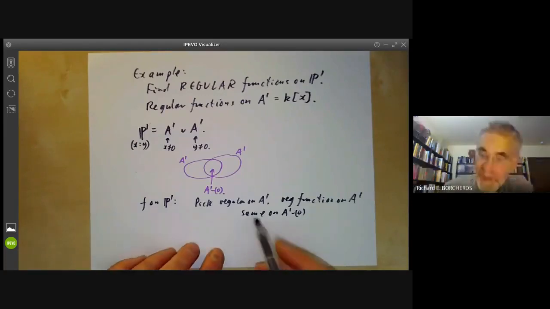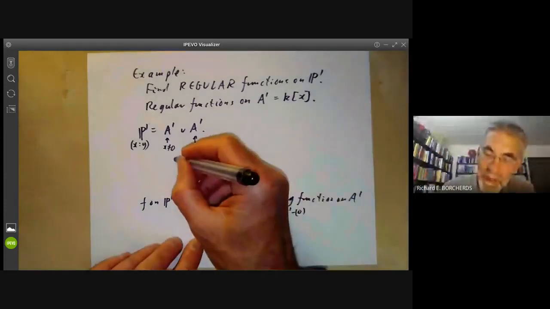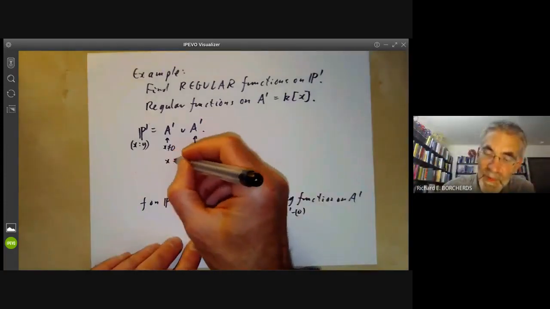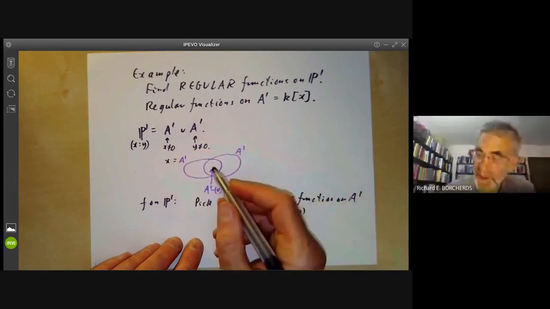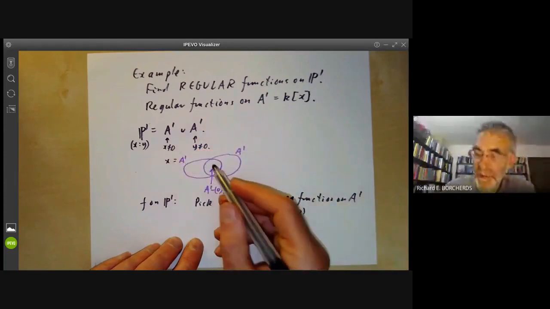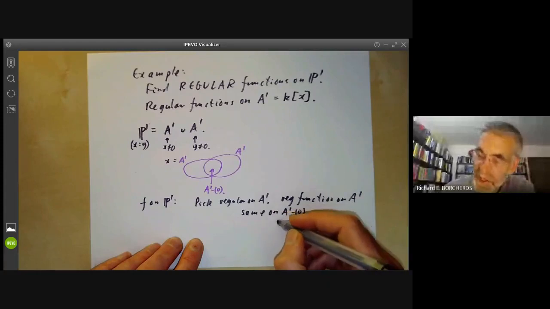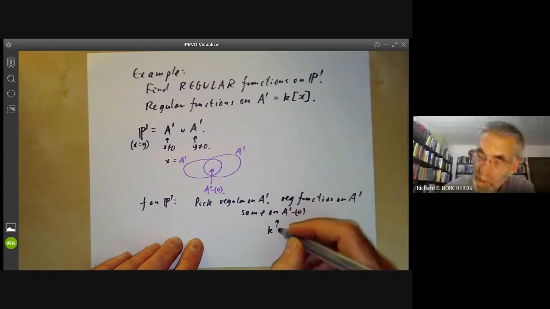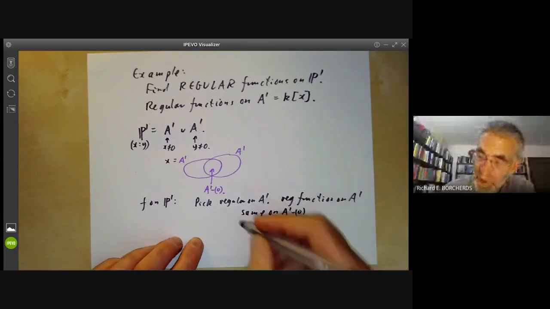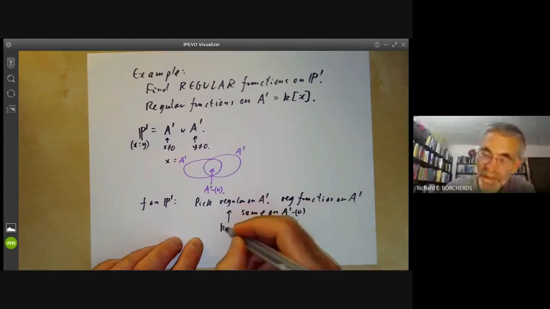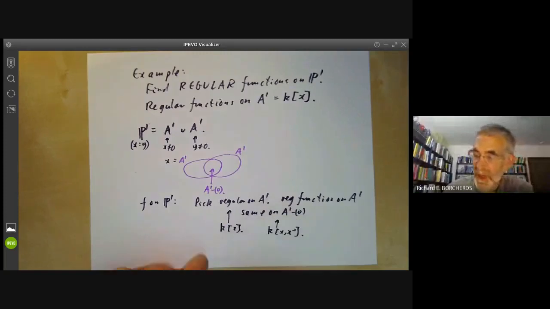Well, A1 minus 0, so if we think of this as being the points of this A1 denoted by x, then the regular functions on A1 minus 0 will be the ring of polynomials k[x, x^-1]. And these functions will be the ring of functions k[x].